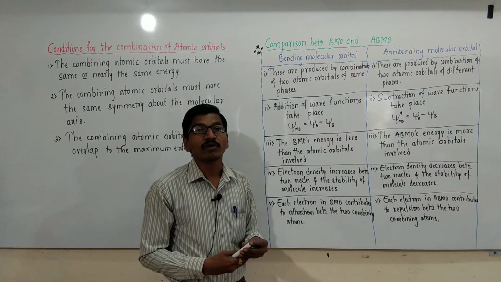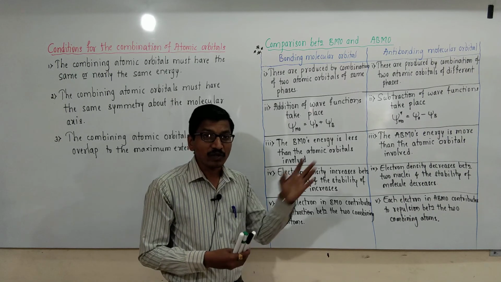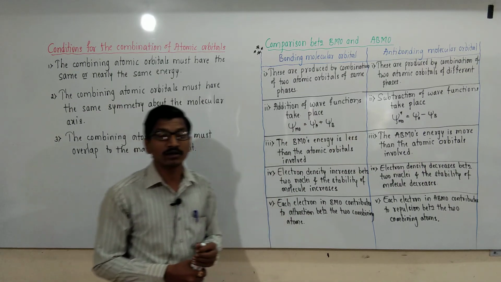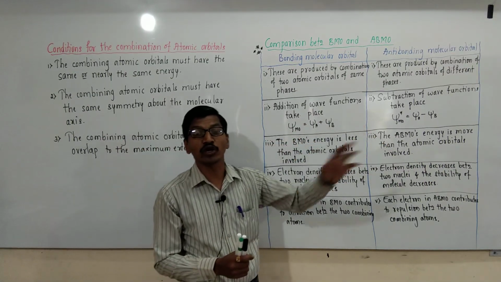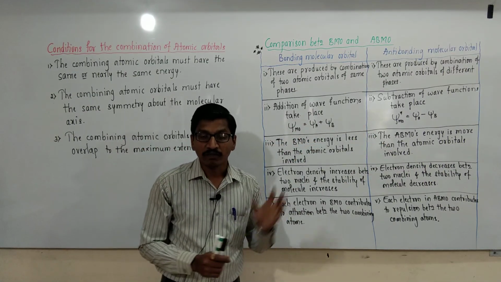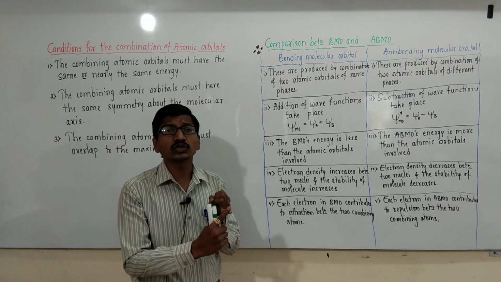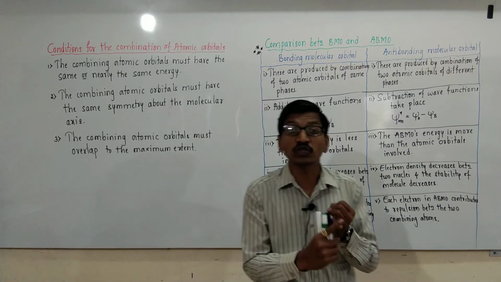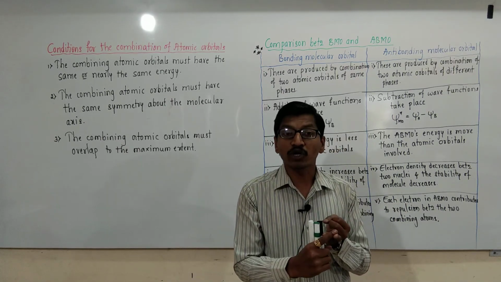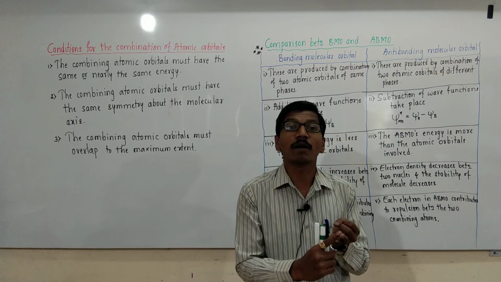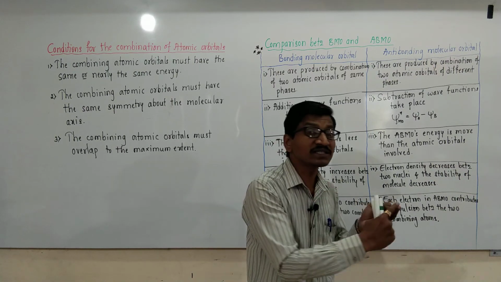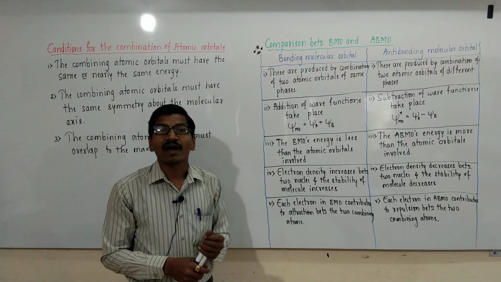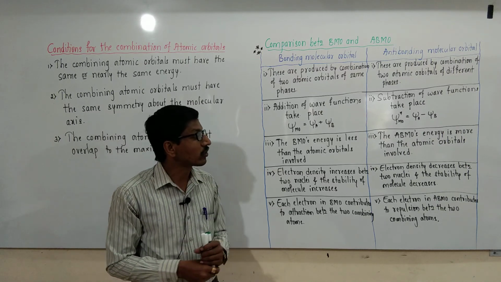These are some important points or differences between bonding molecular orbital and anti-bonding molecular orbitals. That is, the formation of molecular orbital is described based on linear combination of atomic orbitals and conditions for combining atomic orbitals, as well as we discussed comparison or differences between bonding molecular orbital and anti-bonding molecular orbital.